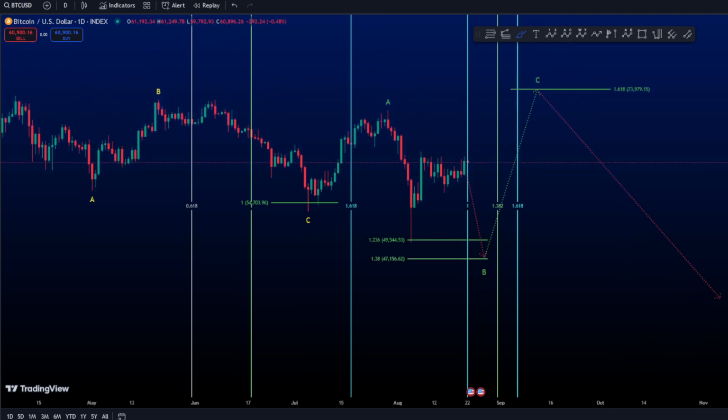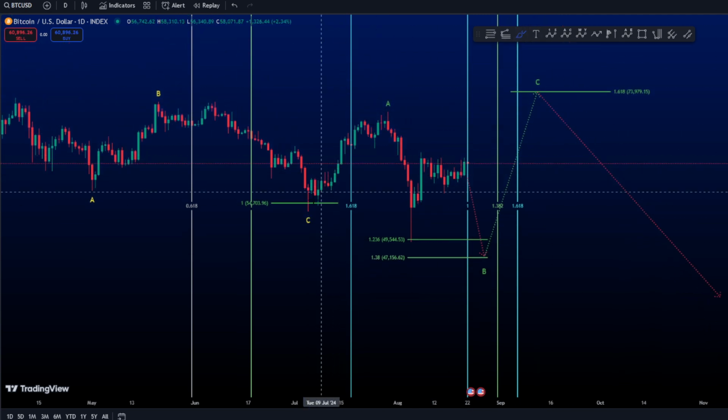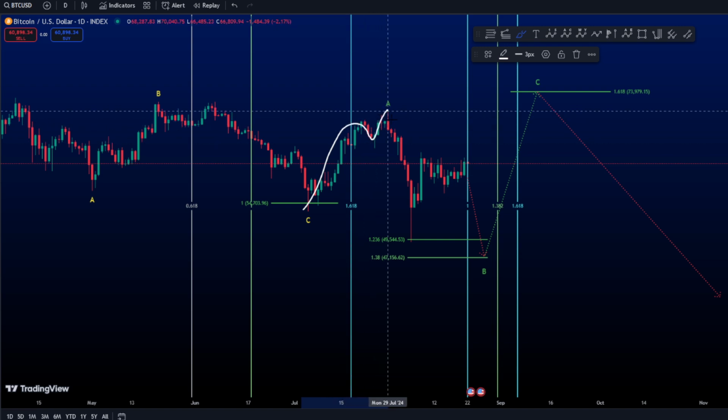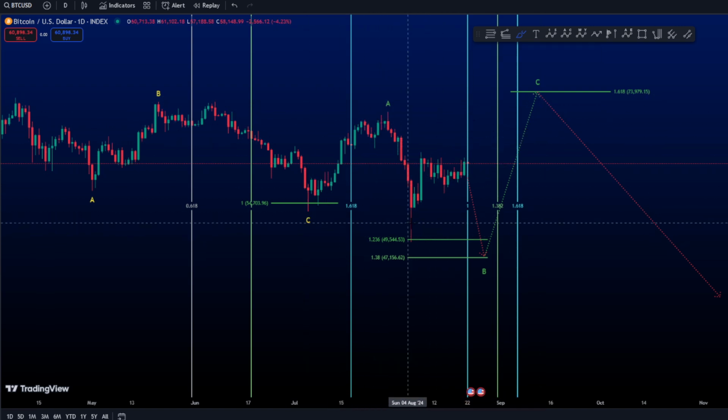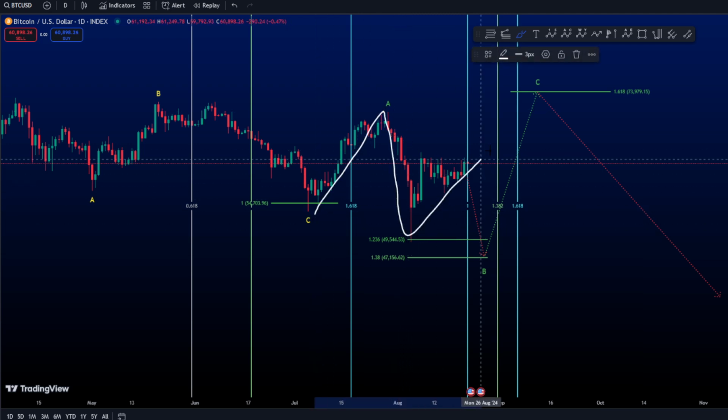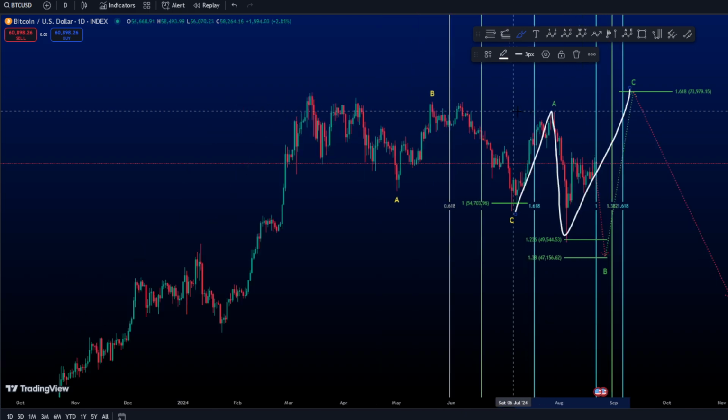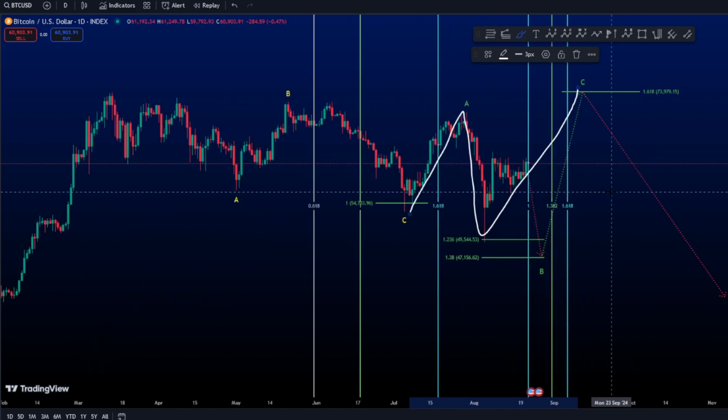And that gives more possibility that this is exactly maybe what is happening, and gives much more possibilities than the opposite scenario. So maybe we might go up directly after for a wave C, in a flat, expanded flat.